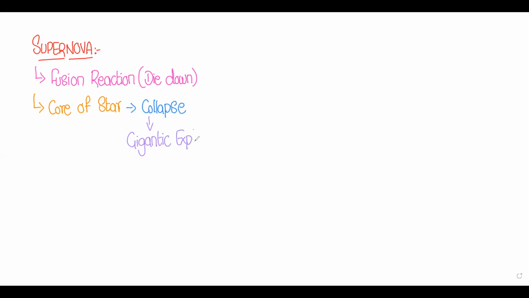So there will be a huge explosion, because in planetary nebula there is ejection of the outer layer of the surface. But in this process, we are having a giant explosion over here. And this giant explosion is known as supernova, right?